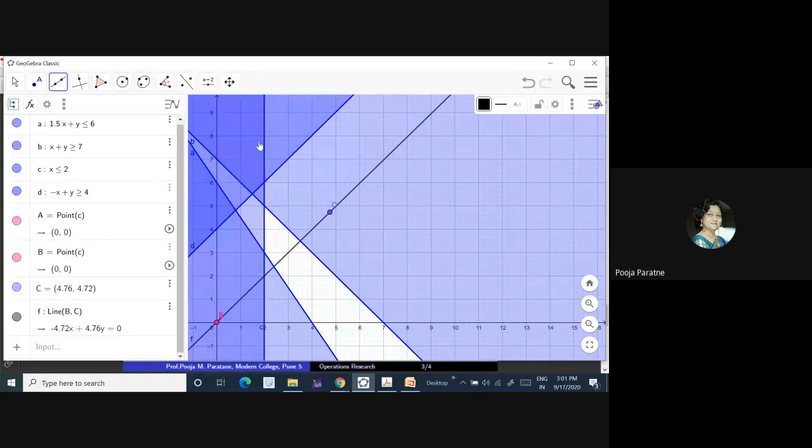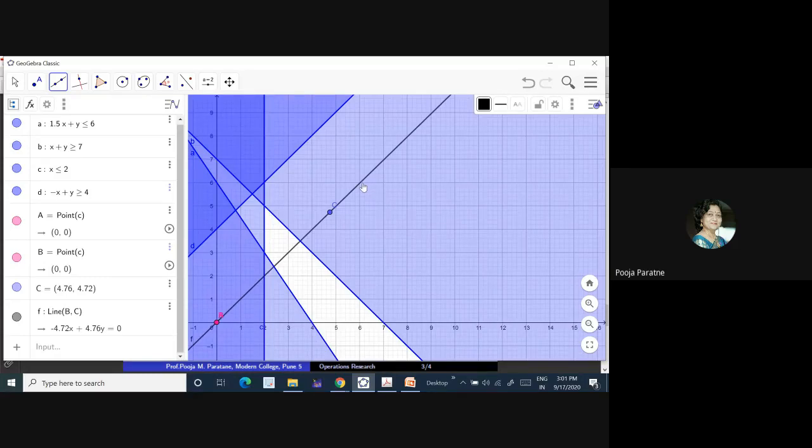So such constraints, which are part of the linear programming problem but do not contribute to the common feasible region, are called redundant constraints. So that is the concept of a redundant constraint.